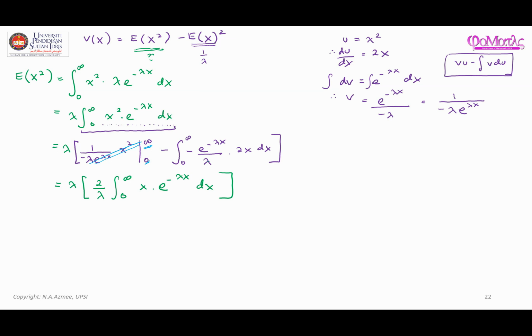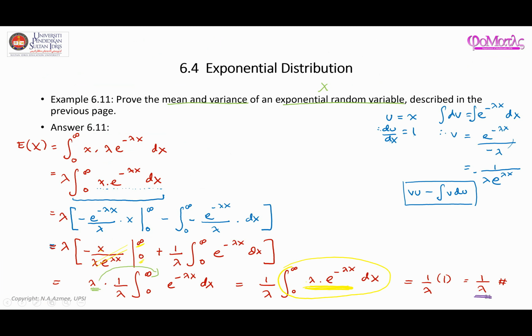Next, I'm just going to write down this part here, 2 over lambda, integral from 0 to infinity of x e negative lambda x dx. And obviously from this part, you need to do another integration by parts. That's what you need to do, but I'm too lazy to do that because we have actually done this part right here.